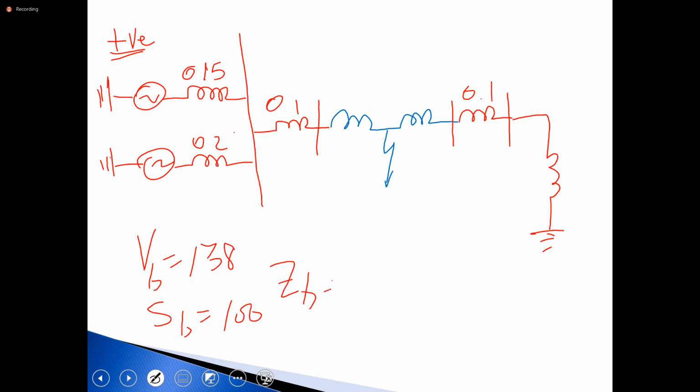Z base is V base squared over S base, so that would be 138 squared over 100, which gives us 190.44.